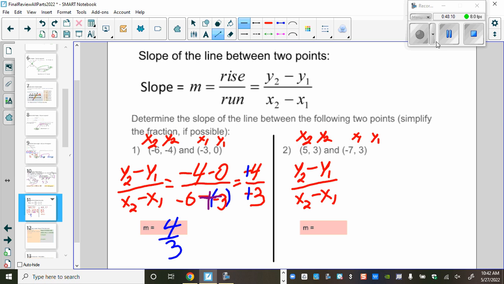What about the other one? Anybody try the other one? What's going to happen with this other one? Well, what's y2? What about y1?